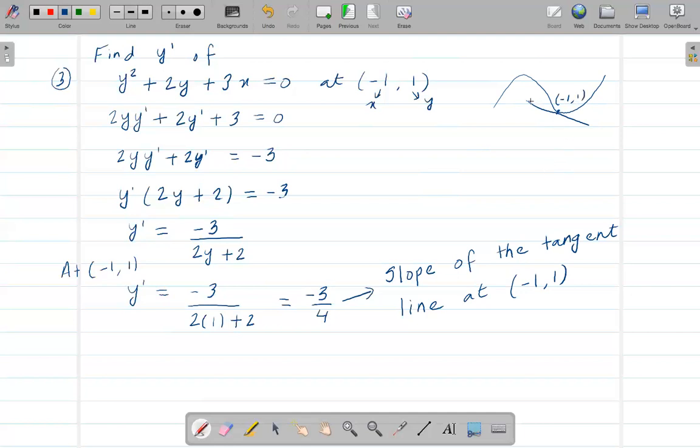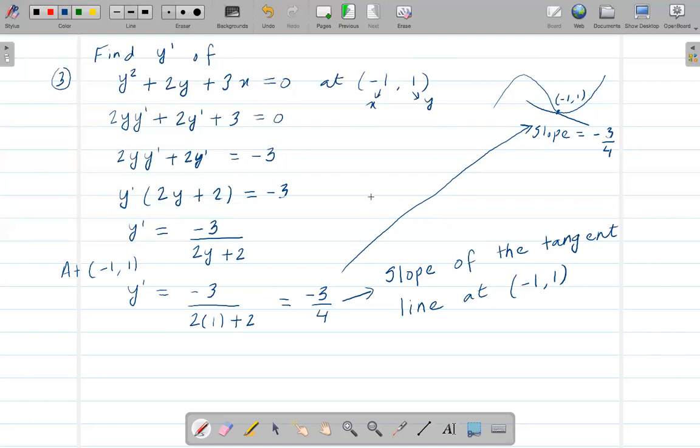Here the slope of this tangent line is equal to -3/4. That is the meaning of this value.